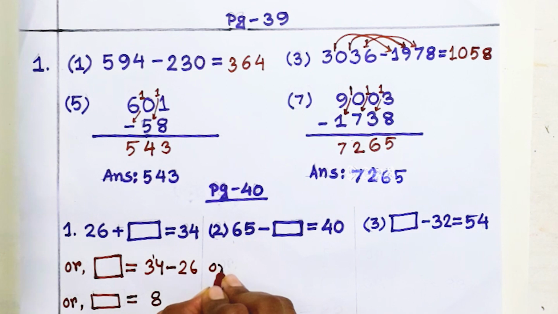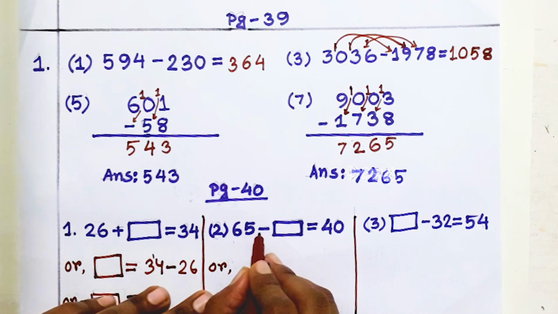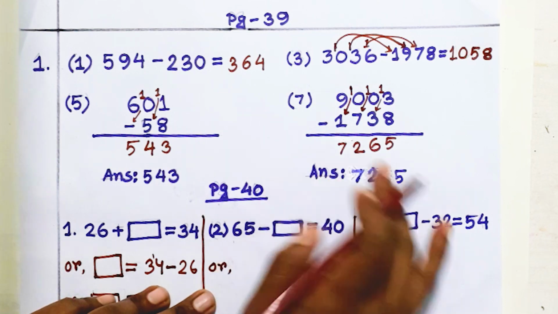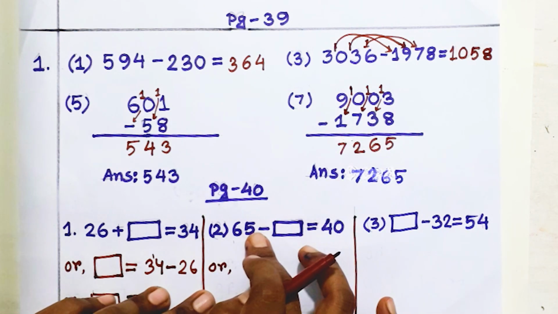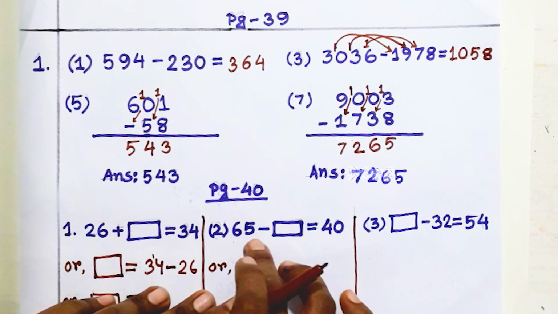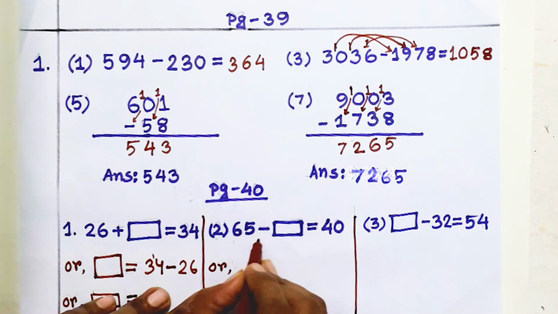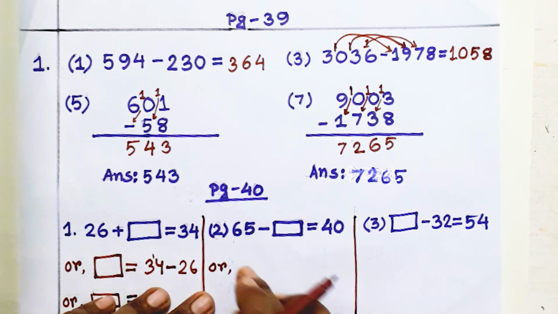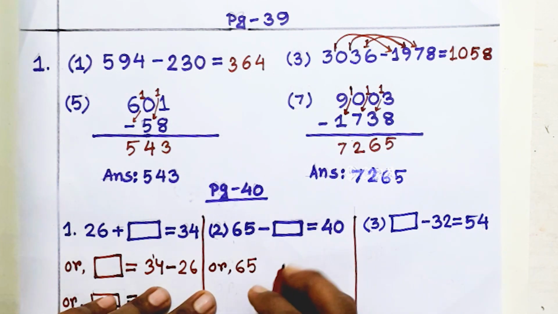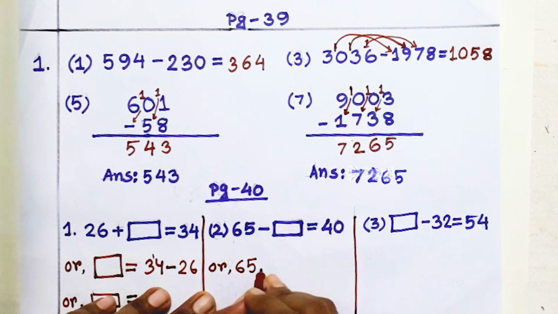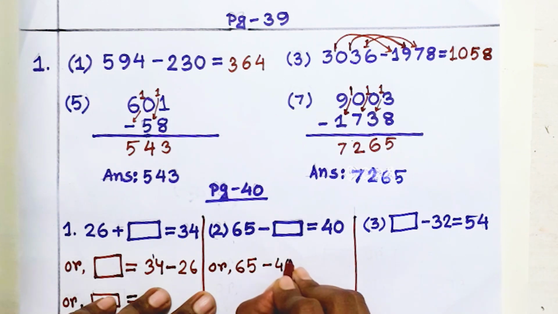Now question number 2. Here we will write first "or", then we will convert this box to the right side and this 40 to the left side, because here is a minus sign. When I converted this box to the right side, that time this minus converts to plus, and that one is easy for us. So write here plus 65, then this 4 comes here, and here the sign is plus. So when I converted it to the left side, the plus sign converted to a minus sign, and here we write 40.